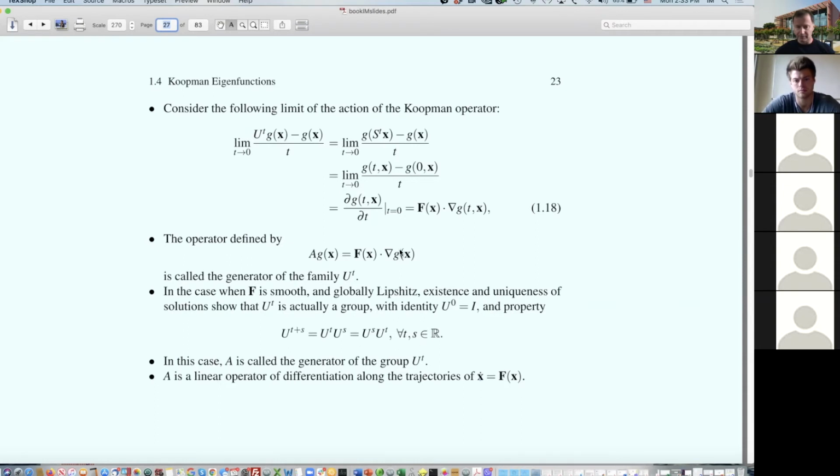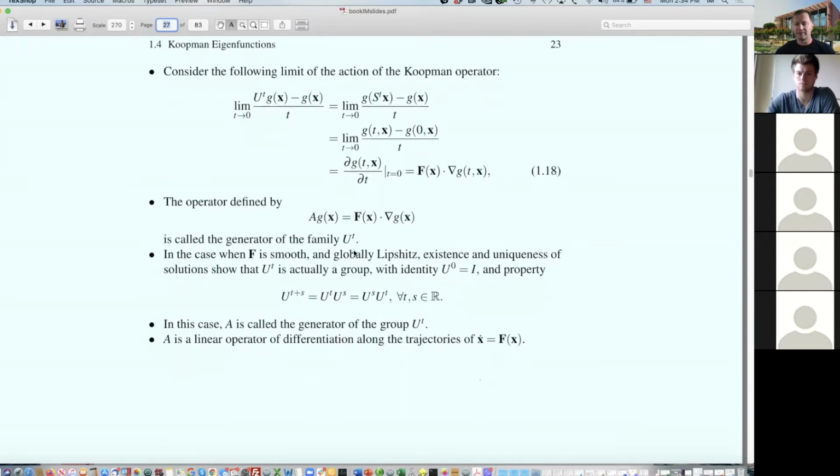Again, if you put as its argument not g but some c1 g1 plus c2 g2, it would split into action on g1 and g2 and multiply by appropriate constants. So it's pretty simple to see that A is again a linear operator. And it's really this operator of differentiation along the trajectories. So in multivariable calculus, we learn about directional derivatives, and it's indeed a directional derivative in the direction of the vector field, but it's defined, of course, on the whole space, M.